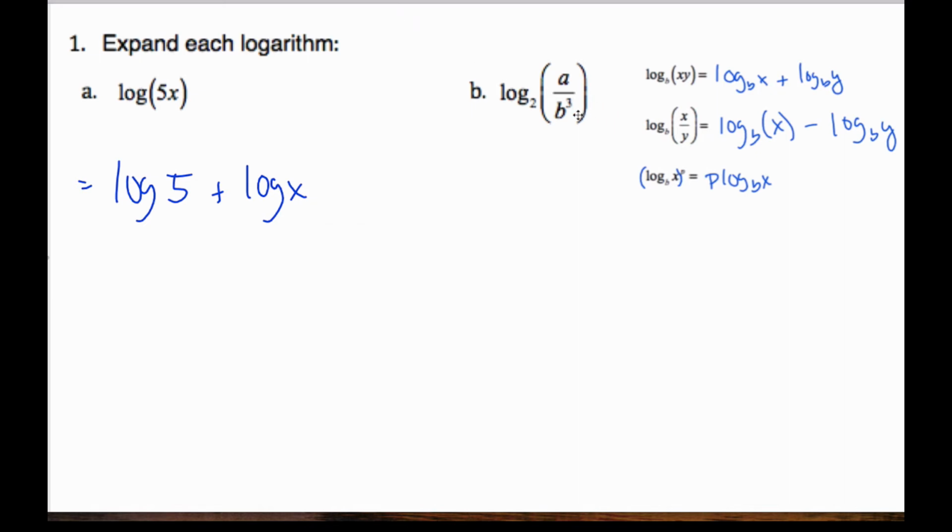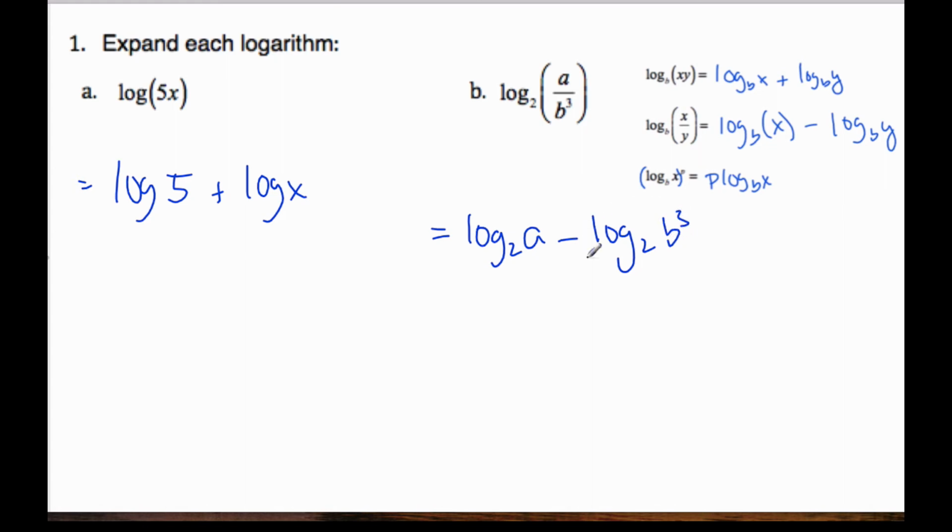B part uses a few rules. I have division, so I'm going to use this one, but I also have an exponent here. So it's going to take a couple steps. The first thing I'm going to do is log base 2 a using this rule here, minus, because it's dividing, minus log base 2 b cubed.